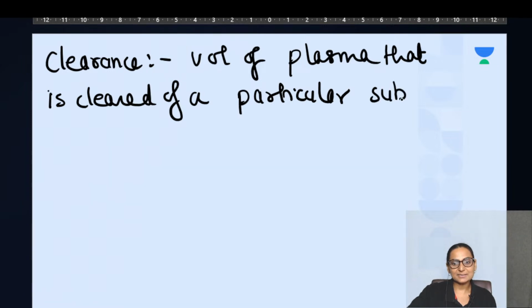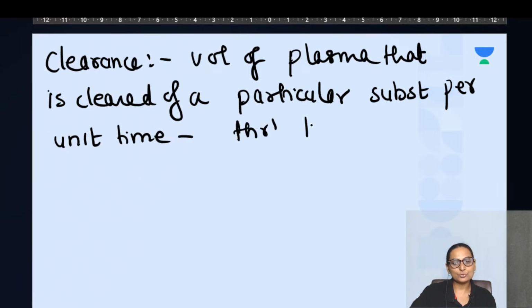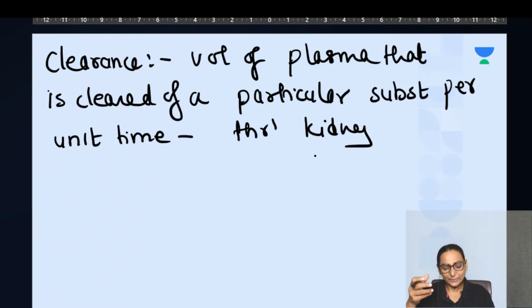When we are measuring clearance, we are not measuring the substance. Actually, we are finding out the volume of the plasma that is getting cleared of that substance. ठीक है? So the plasma is never cleared of glucose.